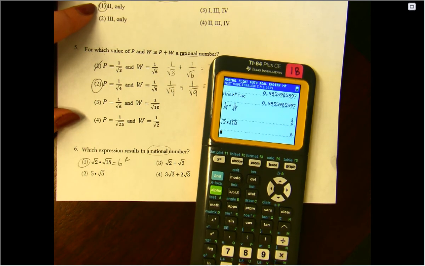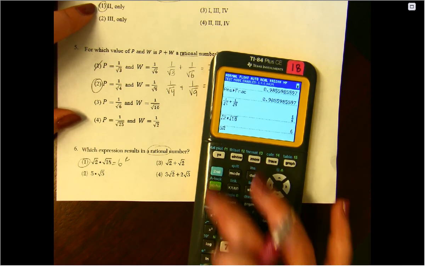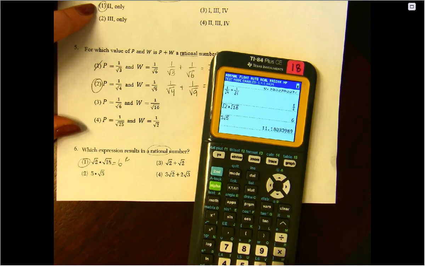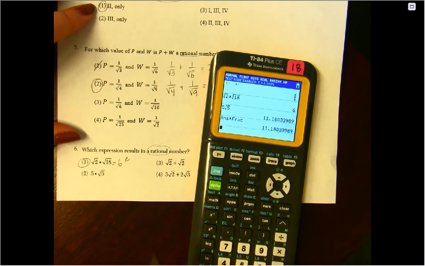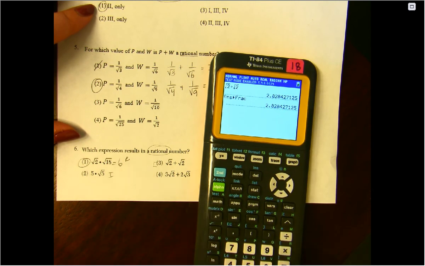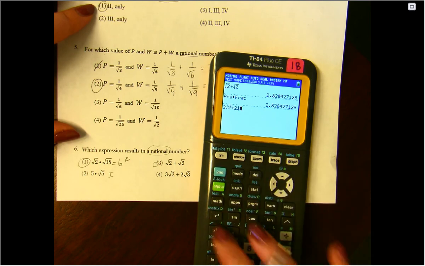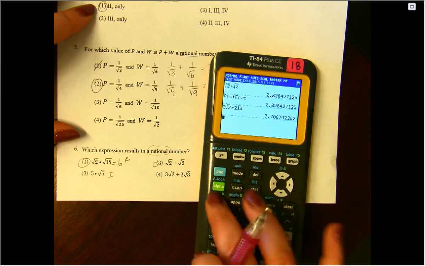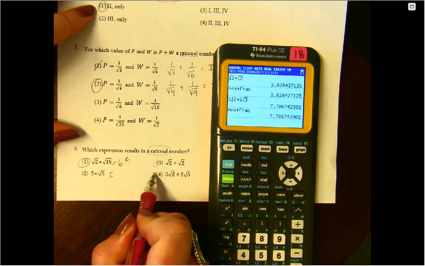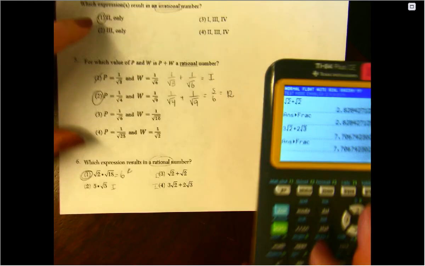I don't know, I hate when it's the first choice. 5 radical 5, this is irrational. Radical 2 plus radical 2, this is irrational. And then 3 radical 2 plus 2 radical 3, this is irrational. So it was the first choice. I just like to double check.